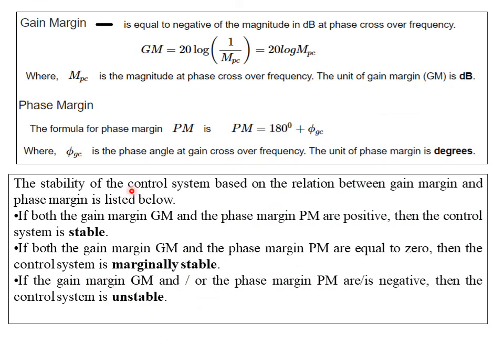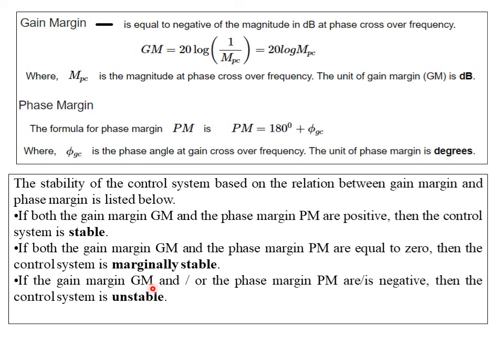Stability criteria: the stability of the control system based on the relation between gain margin and phase margin is listed below. If both gain margin and phase margin are positive, then the system is stable. If both the margins are equal to 0, the system is marginally stable.